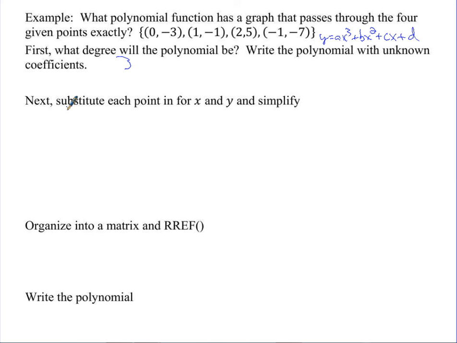Now, next, substitute each point in for x and y and simplify. So for my first equation, I'll use my first ordered pair, 0, negative 3. It goes x comma y. So y is negative 3 equals a times 0 to the third plus b times 0 squared plus c times 0 plus d.